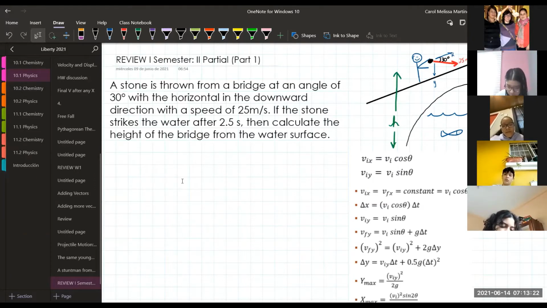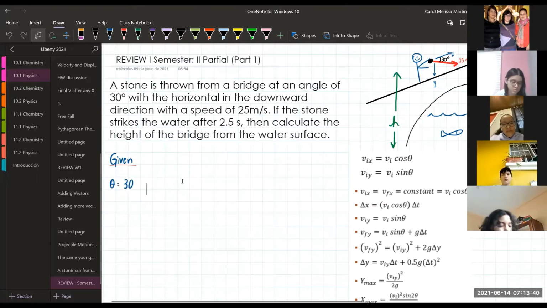Now what we do is we list the givens. That's always the mandatory step. Even if you already have the givens in the sketch, it's good that you have them apart. So in my givens, I have the angle that is 30 degrees.